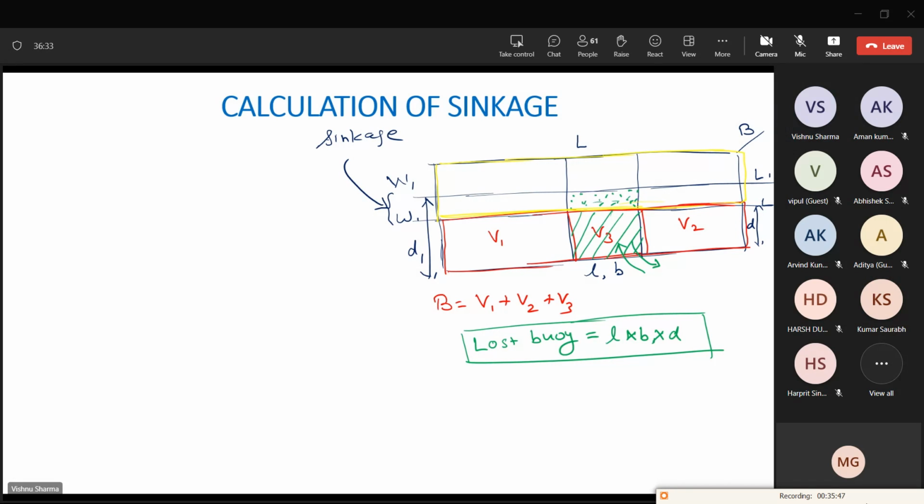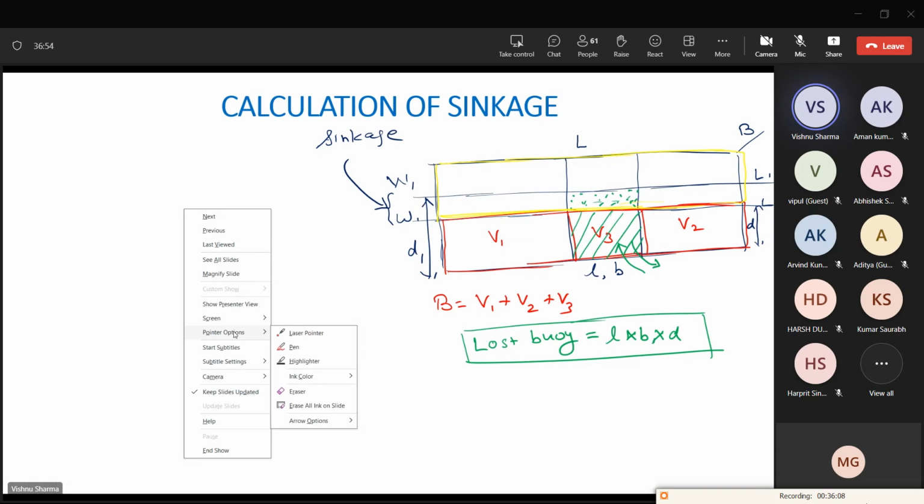Now I'm going to mark the new volume that has additionally got immersed. Let me change the marker.